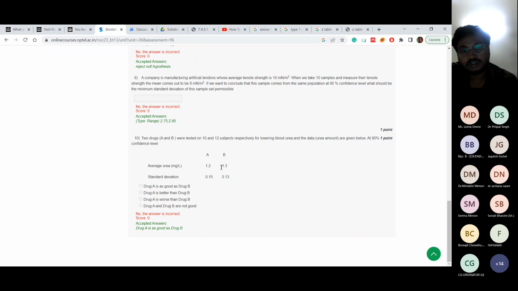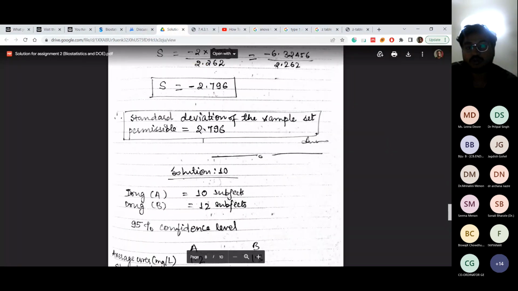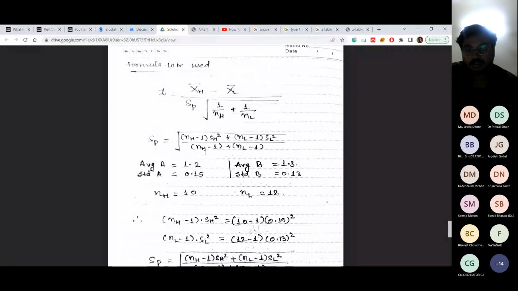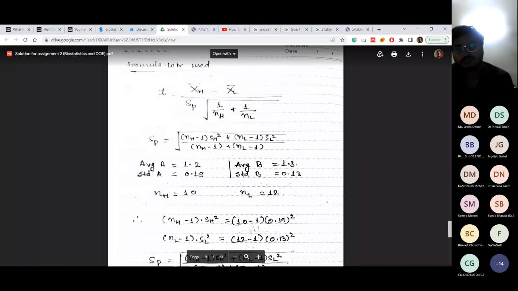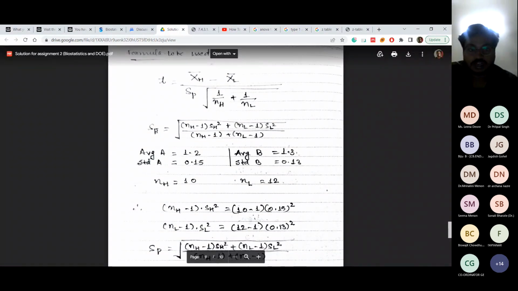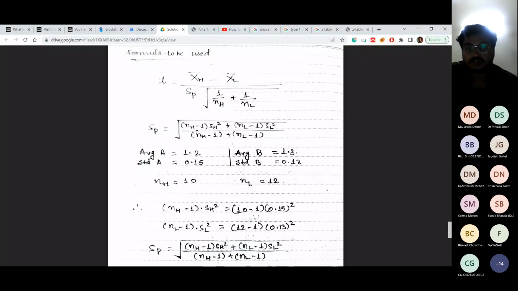Okay. So we are given the average values, which are the means, and the standard deviations for both these tests. We need to do a 2-sample t-test to compare between both of them. We know the mean values, we know the n values, 10 and 12, and the standard deviations. We calculate the pooled standard deviation using this formula.